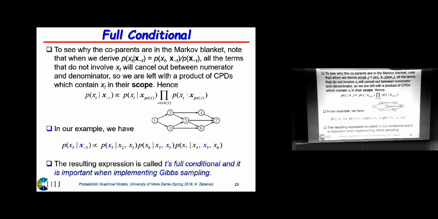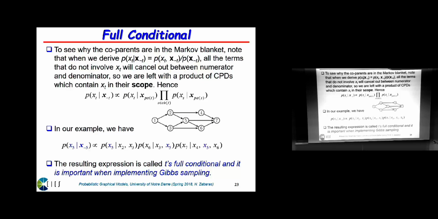And I give you here one example of the probability of x5 given all the nodes but 5. If you use the factorization of the joint distribution, the only terms that stay are x5 given x2, x3, all right? 5 depends on the parents, children depending on 5 and 3, all right?